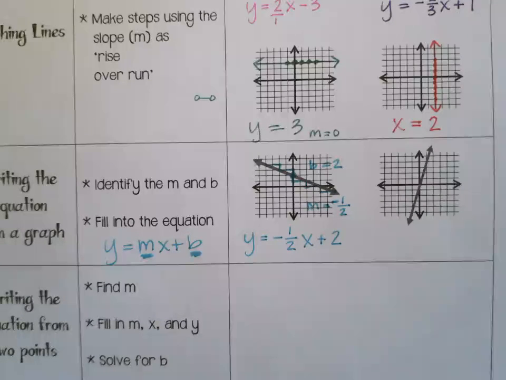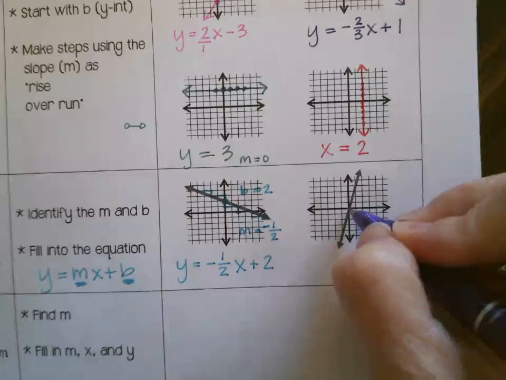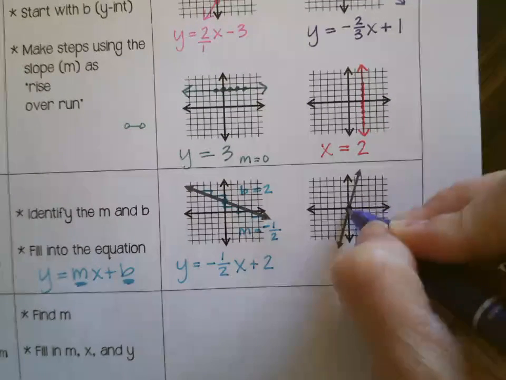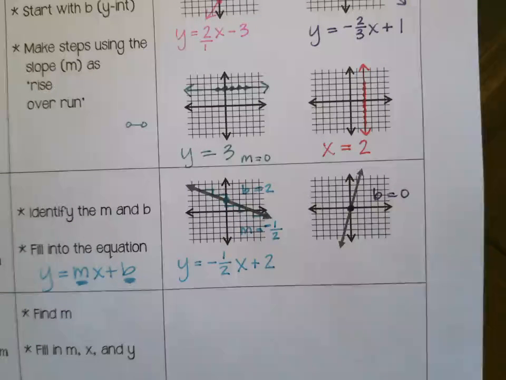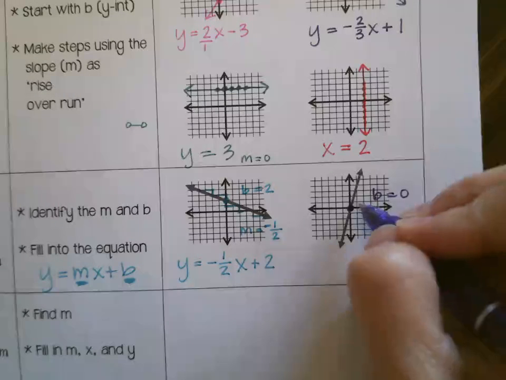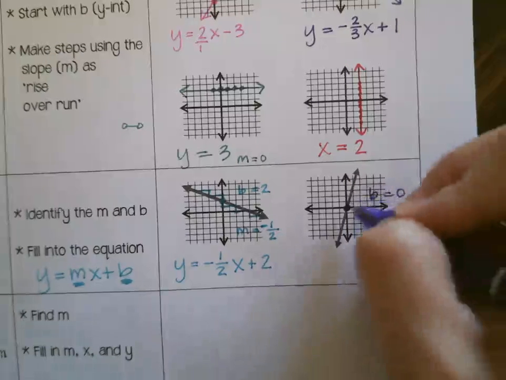All right, next one, again, let's try starting with the b. So that crosses right there at the origin. So I know that my b is 0. And then this one's pretty steep here.